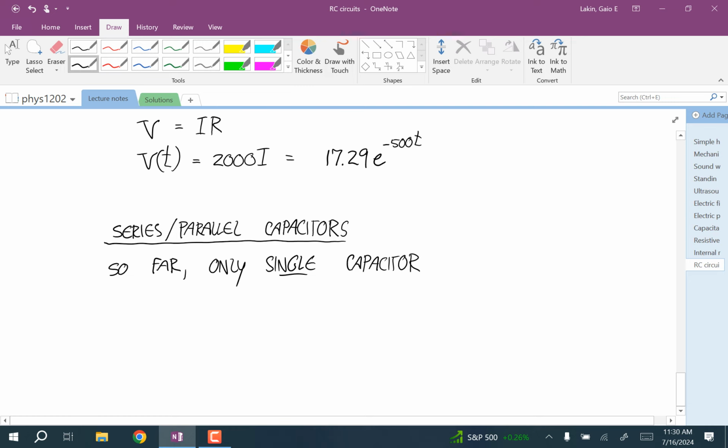But you can replace multiple capacitors by a single capacitor if you use the rules of parallel and series capacitors.